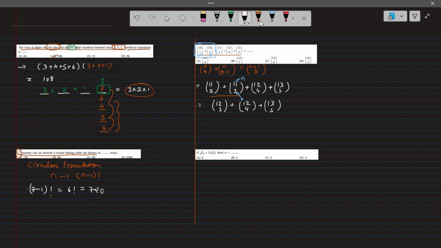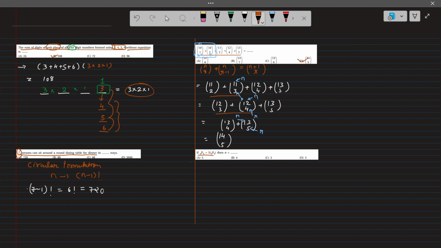Again, going by the same property, now n will become 12, r will become 4, and n plus 1 means 13. So 13C4 plus 13C5. Again, using the same property, r will become 5, n will become 13, and our value should be 14C5. So the final answer should be option B.